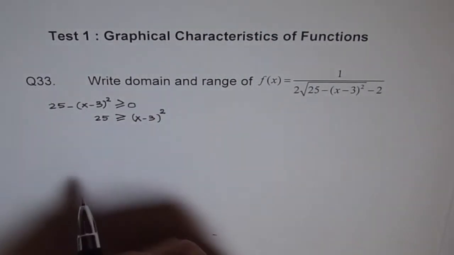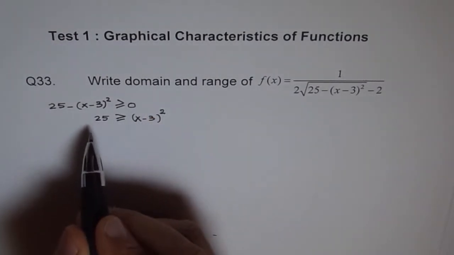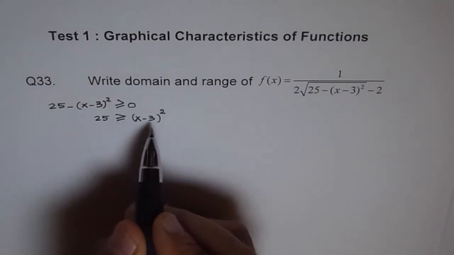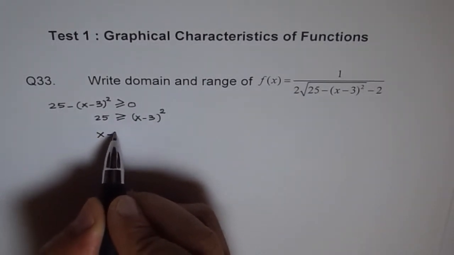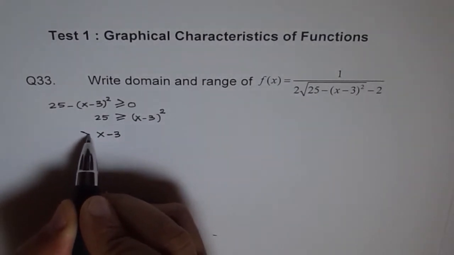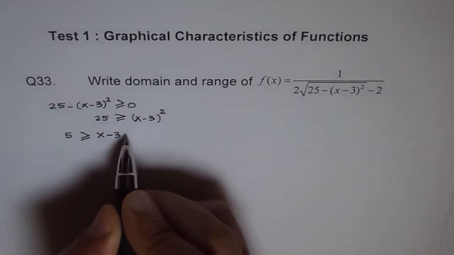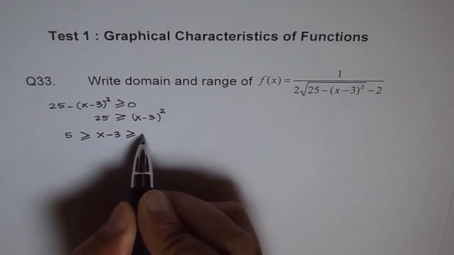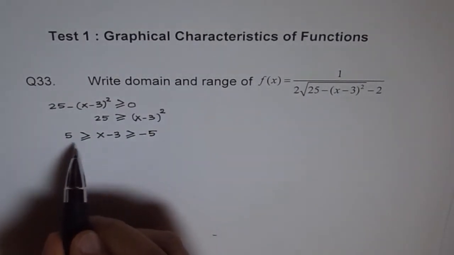Now we'll take the square root. When we take the square root of 25, we get plus, and when we do minus, we have to change the sign. So we can write this as a double inequality: x minus 3 has to be less than or equal to 5, which is plus square root of 25, and greater than or equal to minus 5, correct? Now we'll add 3 to both sides.